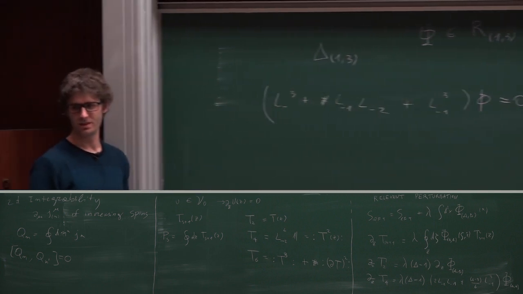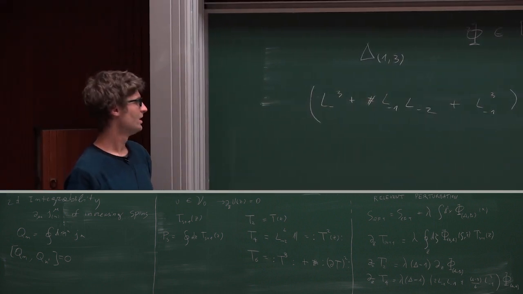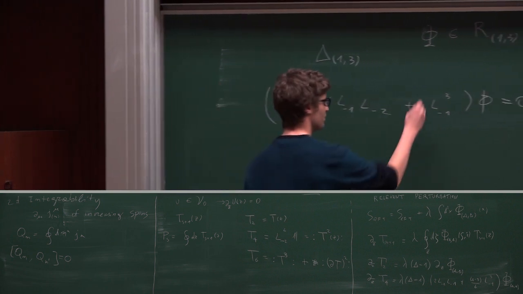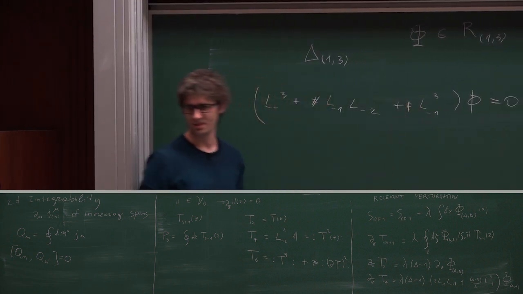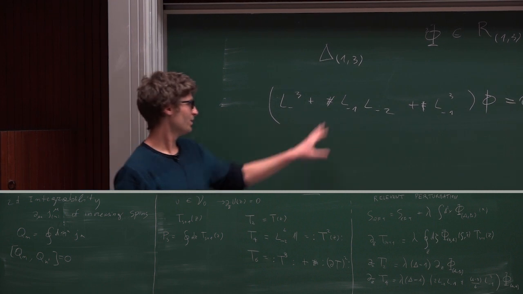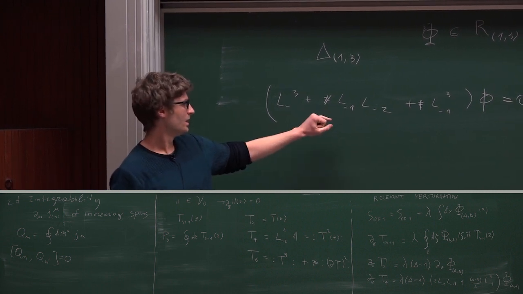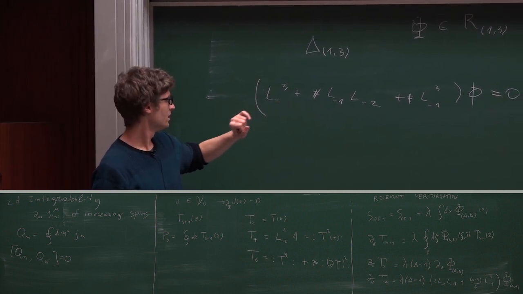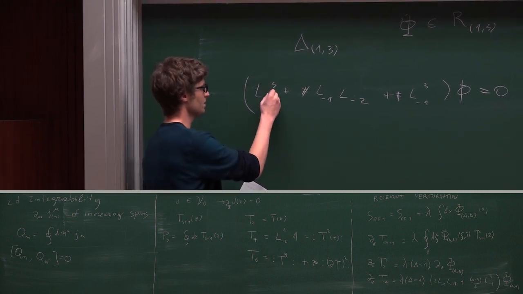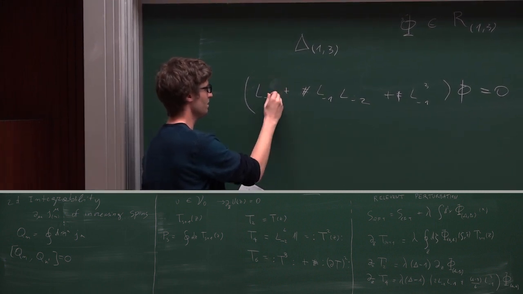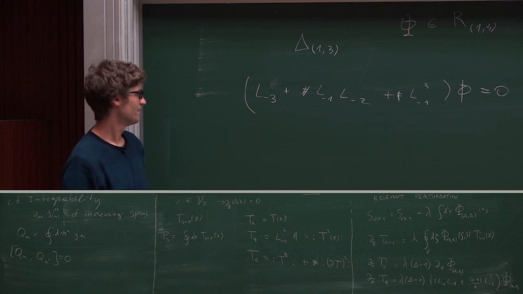It's still conserved. Sorry, what is written there? Here there are some coefficients that depend on c and on delta. What's the subscript of the first term? Is it L minus 1? Sorry, this is L minus 3. Okay, yes.